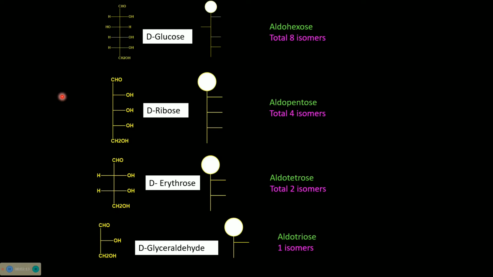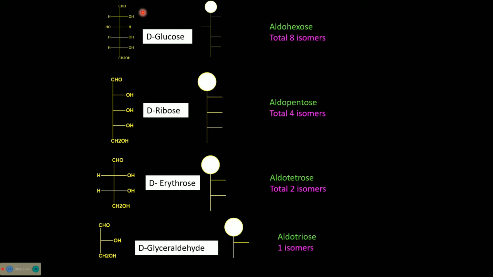There are many types of aldoses: aldotriose, aldotetrose, aldopentose, aldohexose. Aldohexose means in that molecule there are 6 carbons, including this carbonyl carbon: 1, 2, 3, 4, 5, 6. Since there are 6 carbons, we call this hexose an aldohexose.